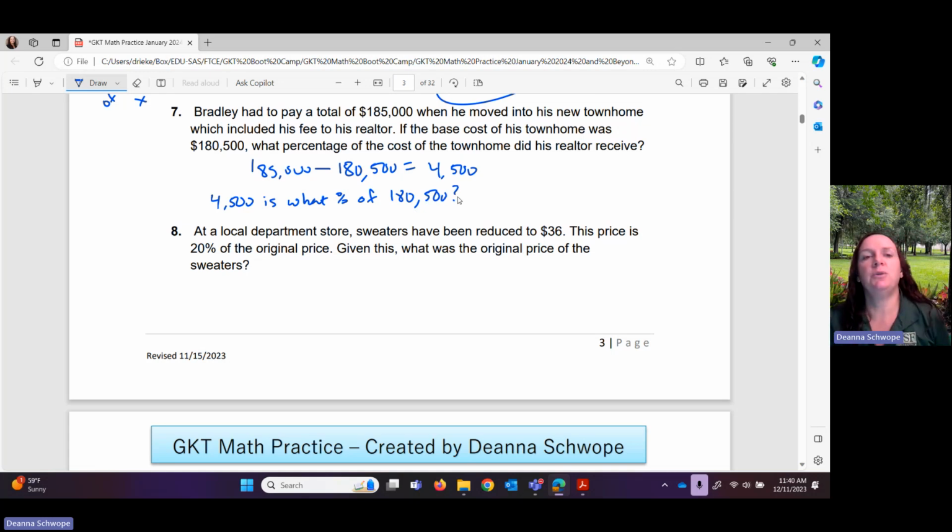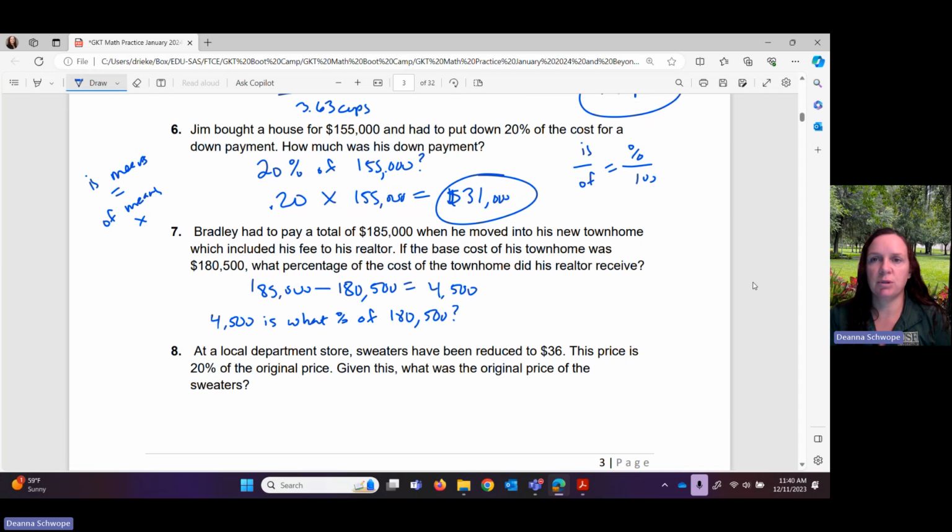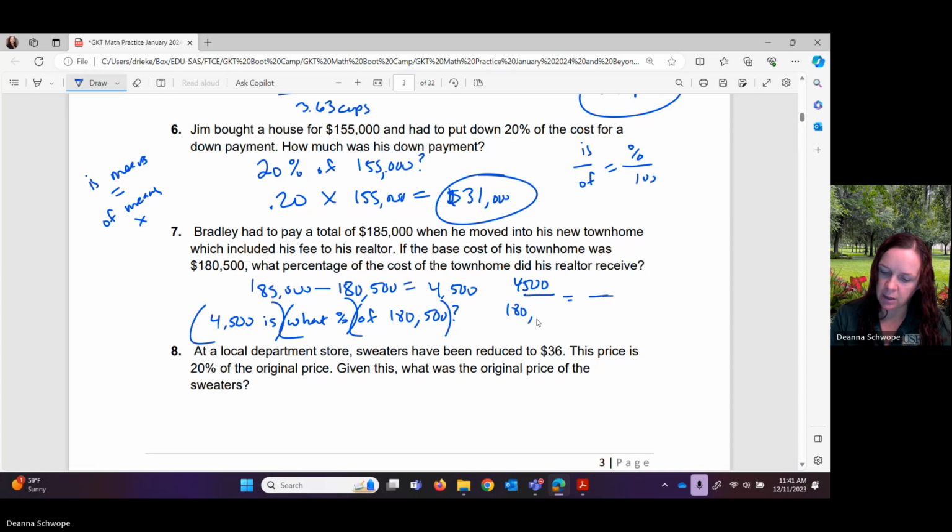In this case, we're going to use is over of equals percent over 100. So I'm going to make what's called a proportion. The is is basically whatever's next to it, so 4,500 is the numerator. Percent is on top. We don't know what it is, and it's always over 100.